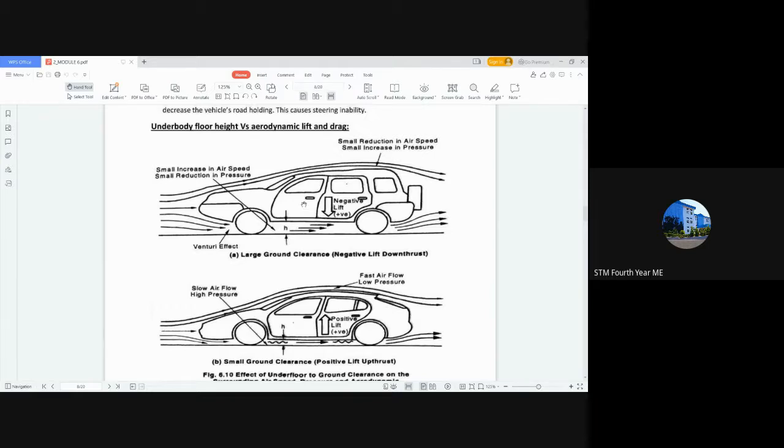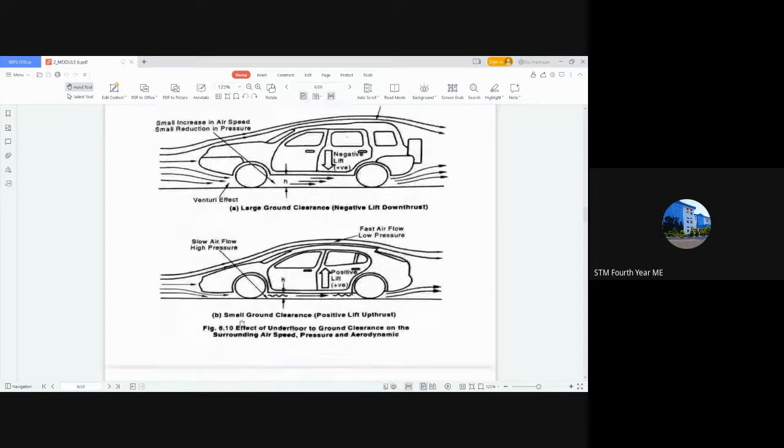You can see there are two types of ground clearance here. One is a large ground clearance and the other is a small ground clearance. When looking at this figure, you can see that large ground clearance provides negative lift much better than a small ground clearance. So what is the reason for this?